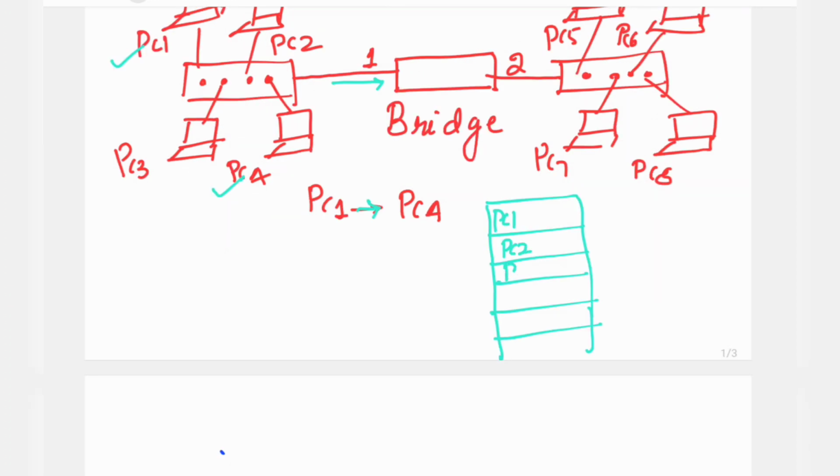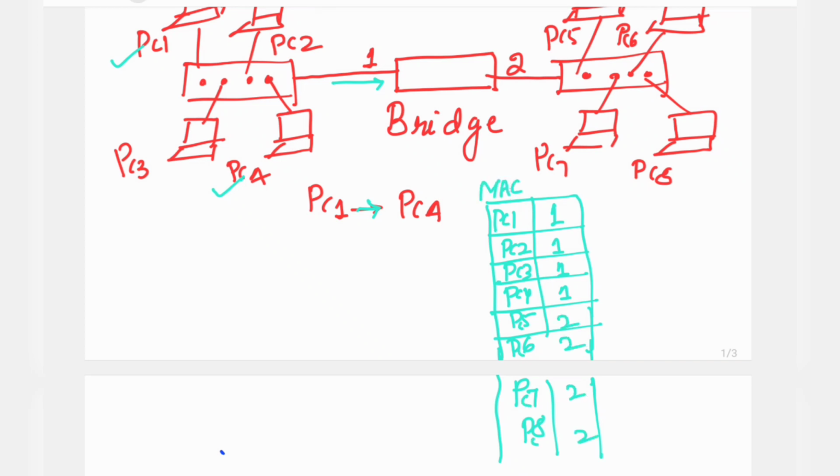It knows the MAC addresses of all the PCs, PC3, PC4, PC5, PC6, PC7, PC8, and this way it maintains a table. PC1 is connected to port 1, PC2 is connected to port 1, PC3, PC4, whereas PC5, PC6 and PC7, PC8 are all connected to port 2.